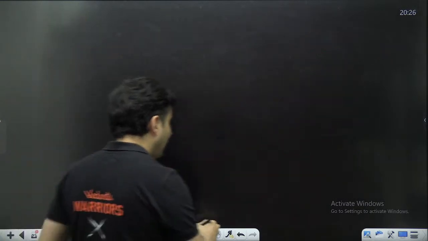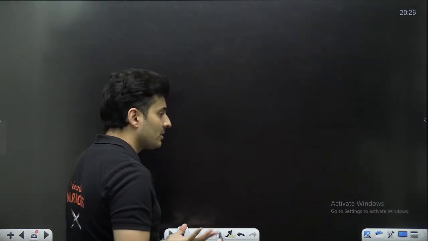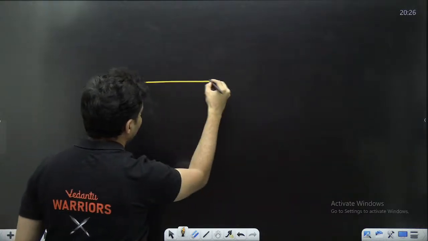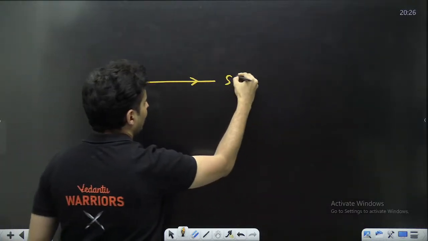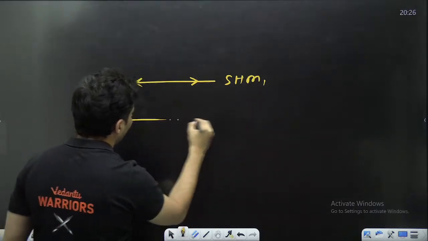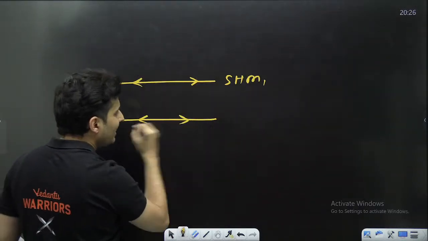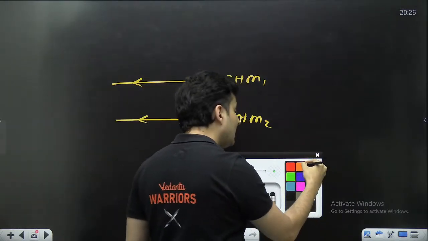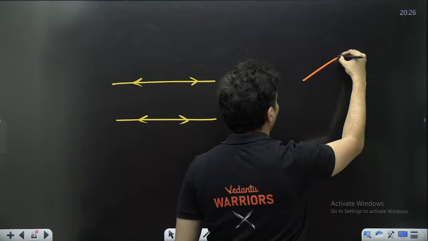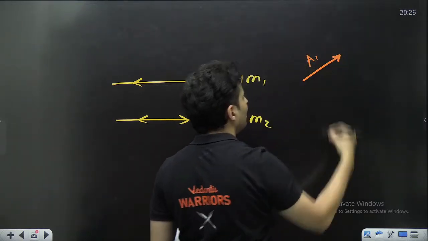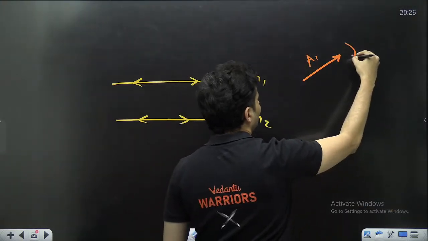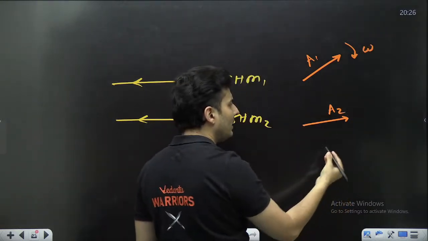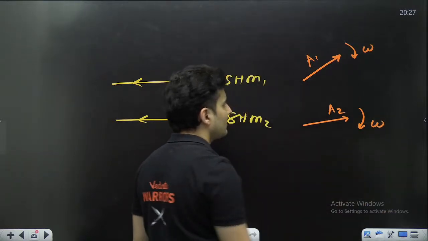Now, if there are two or more SHMs, imagine one particle is performing SHM like this. This is SHM1. Another particle is also oscillating back and forth, SHM2. Then each of the SHMs may have their own individual phasor. Let's say this is A1, which is going like this, and maybe another one has amplitude A2 going like this.